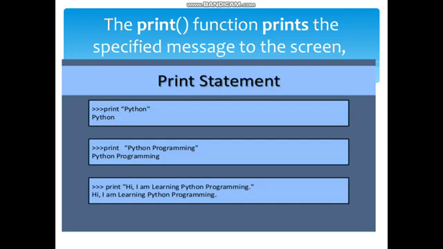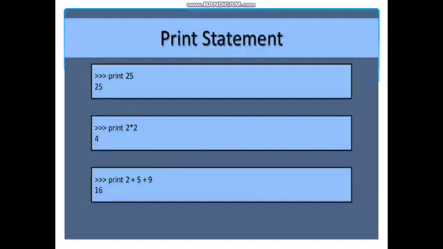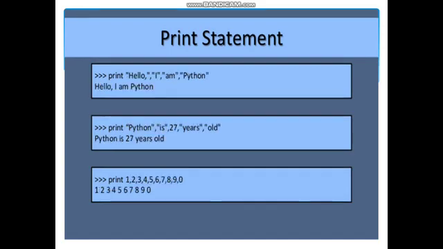Then you can also do sums, multiplication, addition, and check in your window. Here it is divided and given hello, then I am Python, separately given and then combined together. If you want to get the comma, that comma is also included in double quotes.